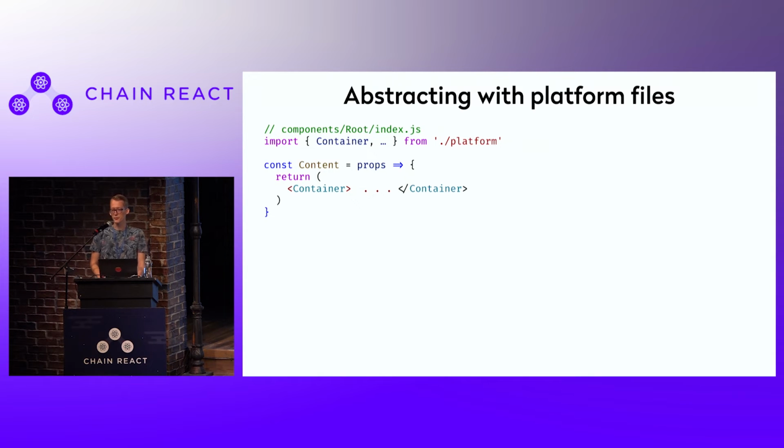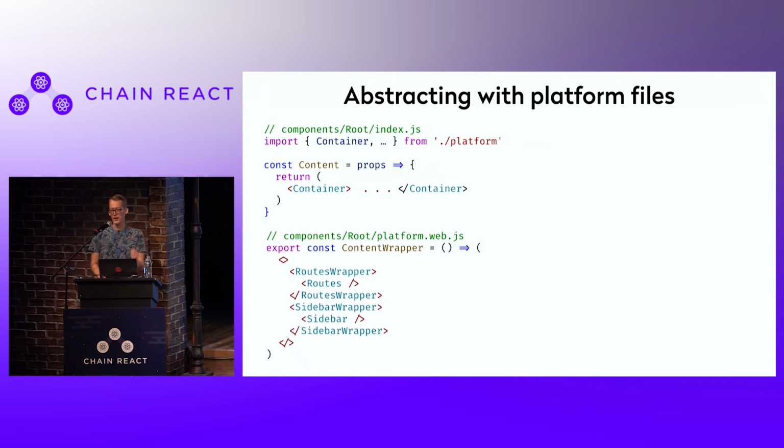And on React Native, you might be using some sort of drawer layout, React Navigation, what have you. So you don't want to duplicate all of the code since there are shared parts, but also you need to resolve those differences. So a common technique that we use is we just have an index.js file with everything that's shared, and the differences are extracted into a platform.web.js file and a platform.native.js file.